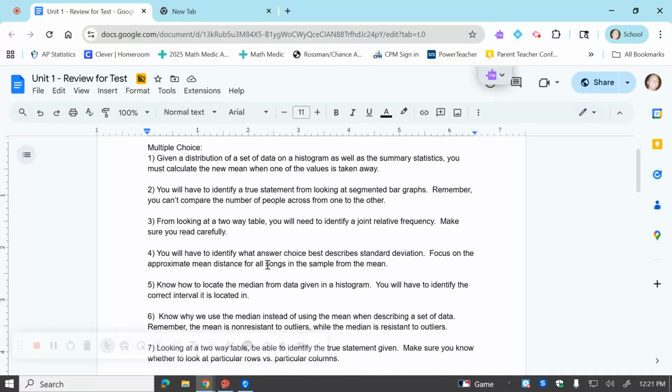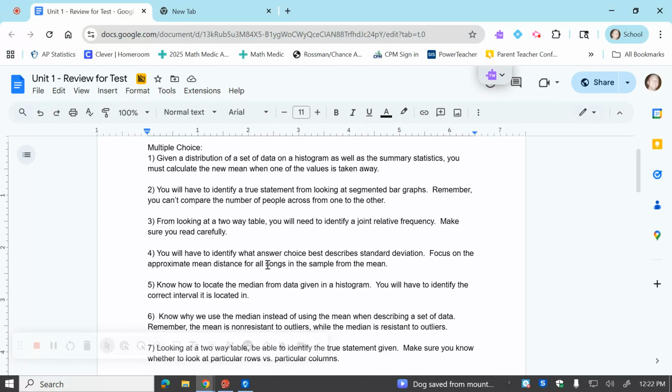Look at the frequency to see how much is from one bin to the next, and where would the middle value have to be located from what bin up to the other. Okay, it'll be laid out in bins as a histogram. Where would the middle value have to be found?